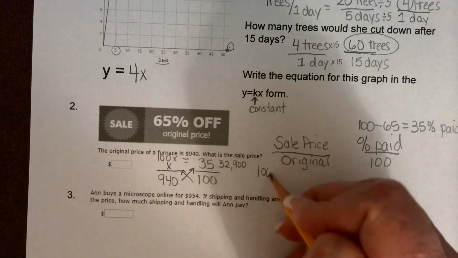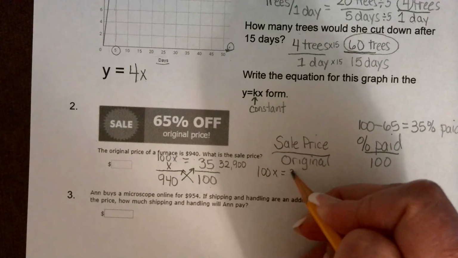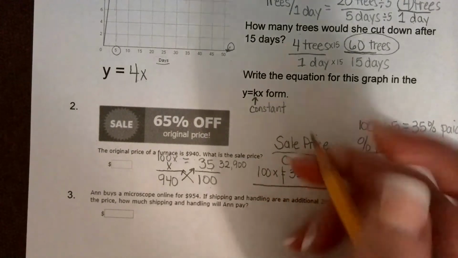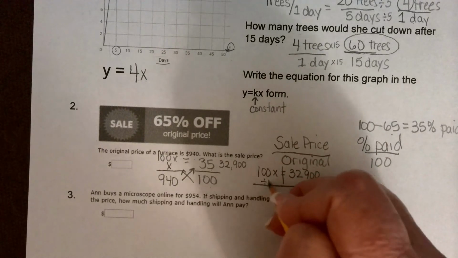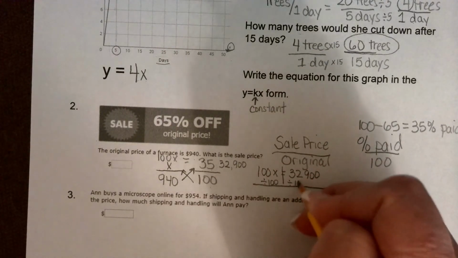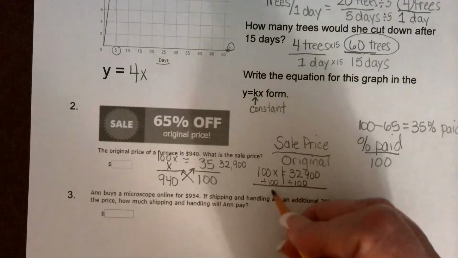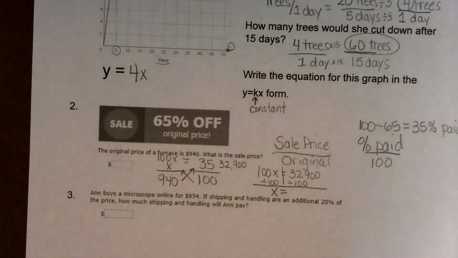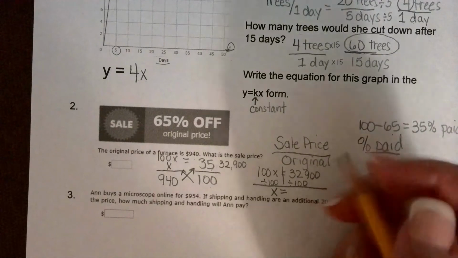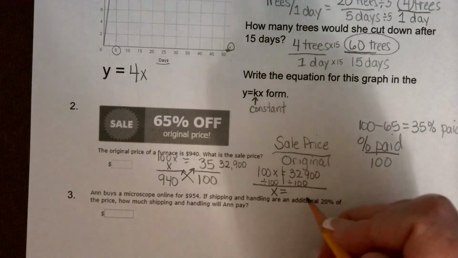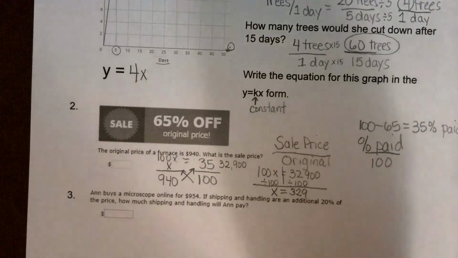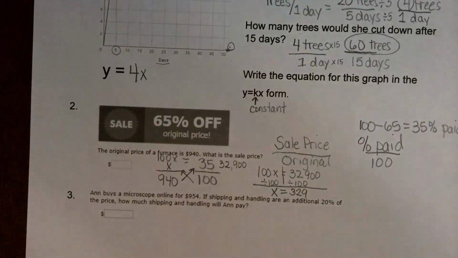So 100 times some number is going to give me 32,900. To figure out what that number is, I can just divide by 100. 100 divided by 100 leaves me with just that one X, and 32,900 divided by 100 is going to leave me with $329.